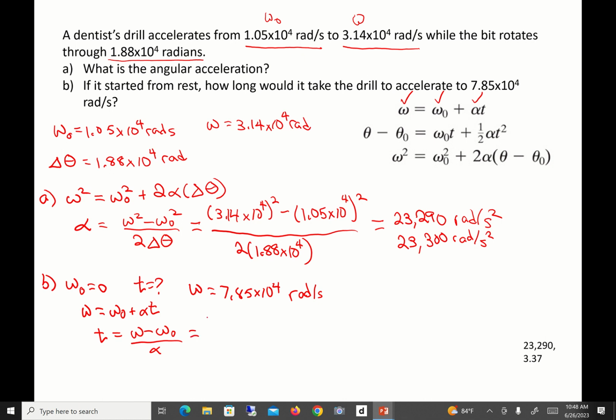And so I've got 7.85 times 10 to the 4 minus 0. That's easy. Divided by alpha. And I'm going to use the unrounded number just to make sure I get the right number, 23,290. And I get 3.37 to 3 significant figures. And the unit is seconds. Okay, so it's pretty much just like doing the problems in Module 2. It's just that you have to use the different kind of alphabet.